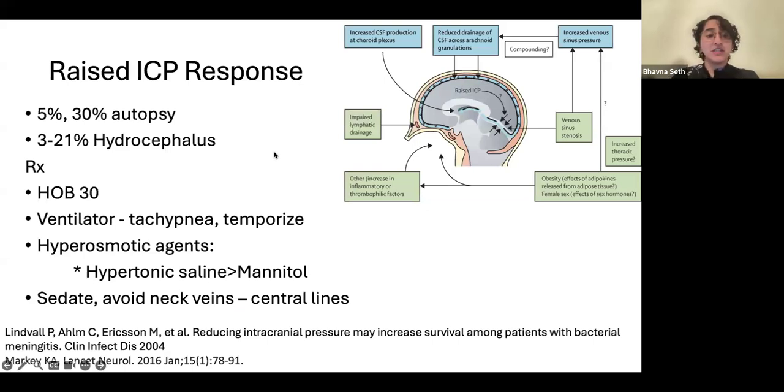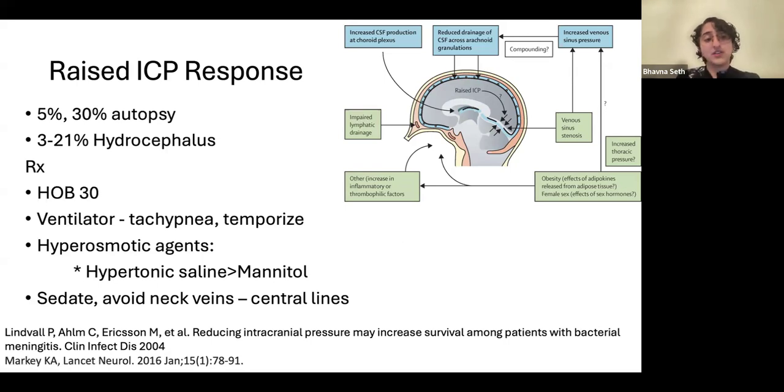Herniation in patients with meningitis and encephalitis is often diagnosed at the end of life in autopsies, but can occur in a wide population. And so emergent management: ensuring the patient's head of the bed is at 30 degrees.